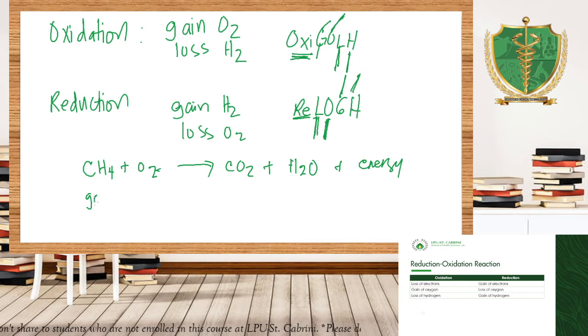Methane gains oxygen and loses hydrogen. It can't be that this one loses oxygen, since it has no oxygen. So it gains oxygen and loses hydrogen to form carbon dioxide. Therefore, this methane is our oxidized.